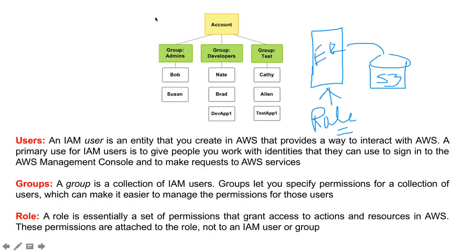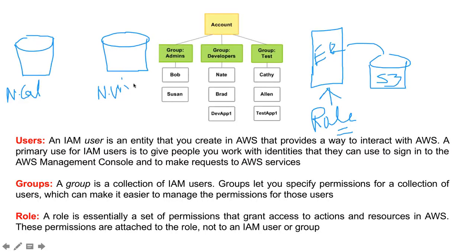Yesterday, if you can recall, we did something called cross-region replication, where we have a bucket created in one region of Northern California and another bucket in Northern Virginia. The Northern California bucket is the source bucket, whereas the Northern Virginia bucket is the destination bucket. If we copy any content into the source bucket, it gets replicated to the destination bucket.